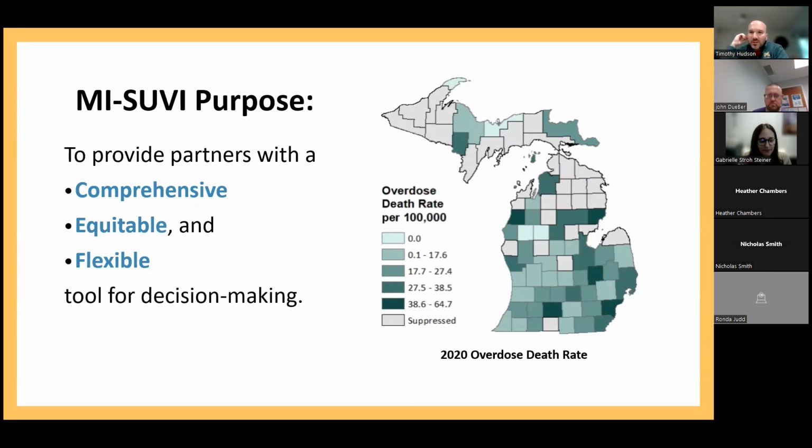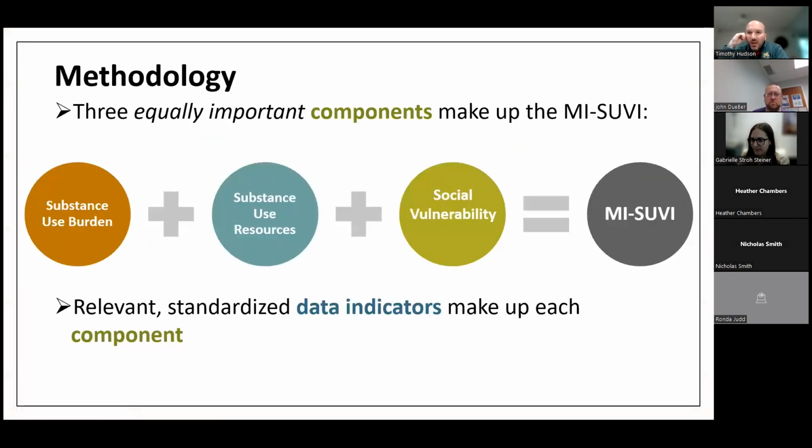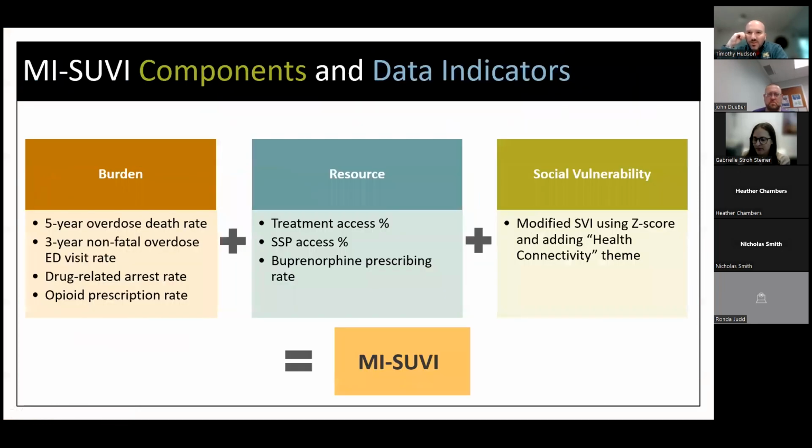There's a question in the chat that says, is this data taken from the ERs and is anything taken from SSPs? Yeah, that's a great question. So the MySUVI has 8 different data points. I have flipped forward again.